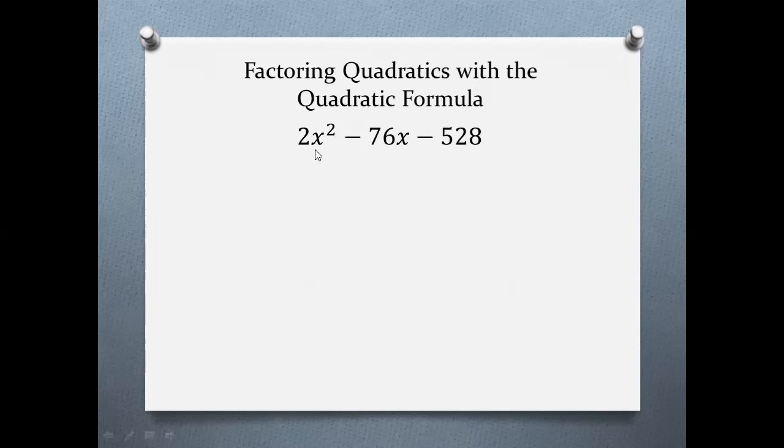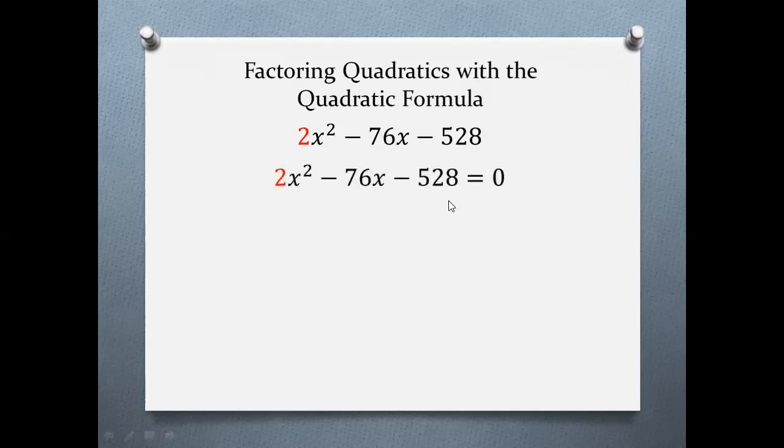Now, this particular expression is factorable, but when we use our particular method with the quadratic formula, we will end up with an expression that will need to be changed a little so that we will get back to the original expression when we multiply the factors together. What we need to keep in mind here is that we have a 2 as the leading coefficient, and that will become important later on.